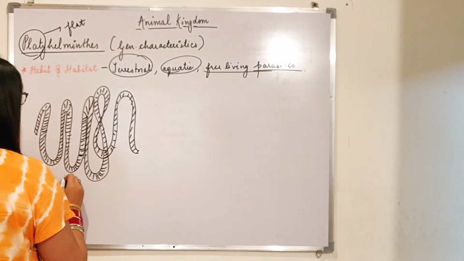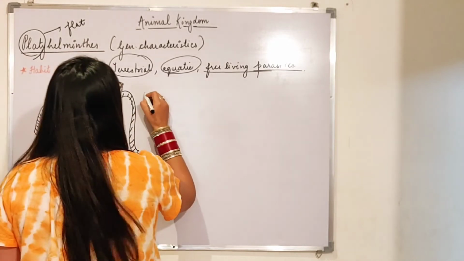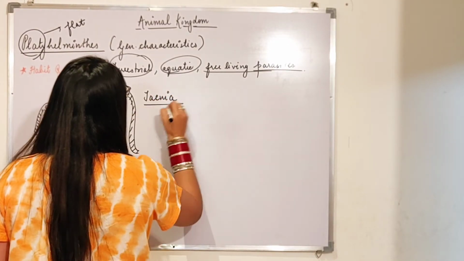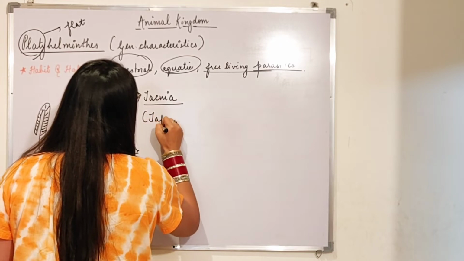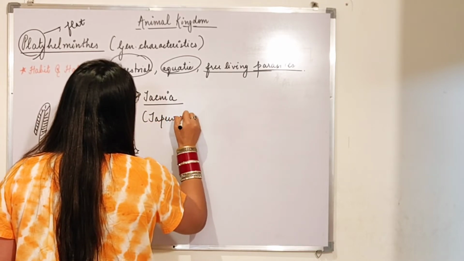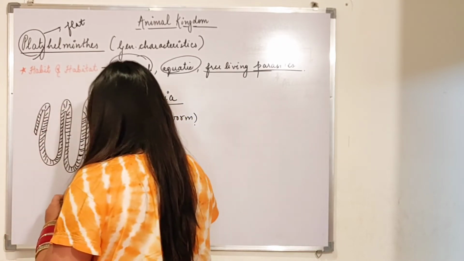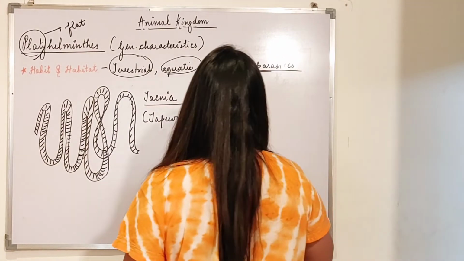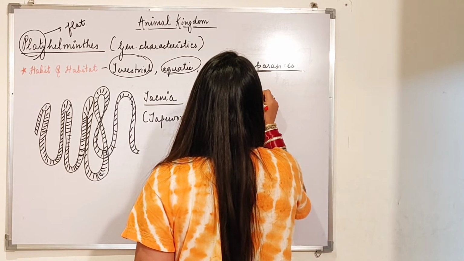Okay, beta. So this is the Taenia, also called tapeworm. Fine. Now another one which I am drawing here, beta. Let me just draw it first.